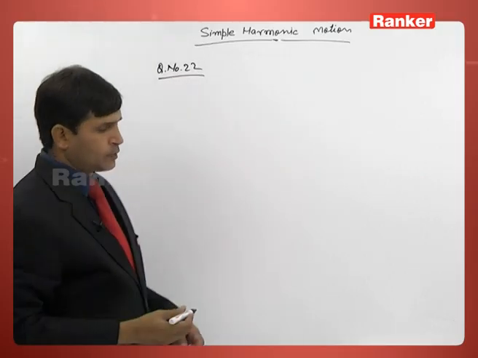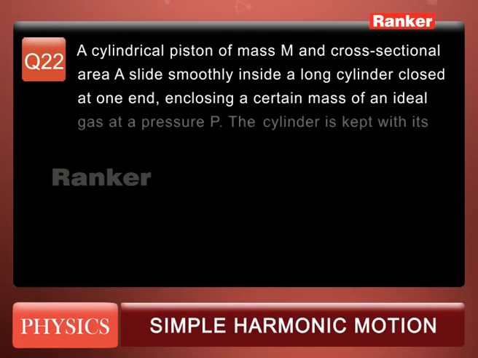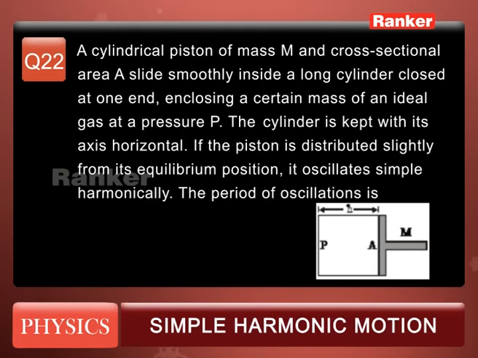Question number 22. It is given as: a cylindrical piston of mass m and cross sectional area A slides smoothly inside a long cylinder closed at one end, enclosing a certain mass of an ideal gas at a pressure P. The cylinder is kept with its axis horizontal.